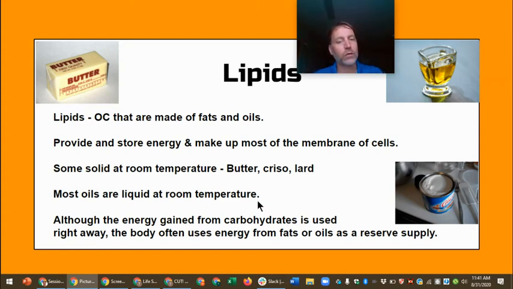We get a lot of energy from carbohydrates, which are used immediately. Fats and oils are used for energy, but they're also used in a reserve supply. So if you have too much carbohydrates and too much fat in your diet, and you don't use that up through the activity of your day, that fat goes into storage.